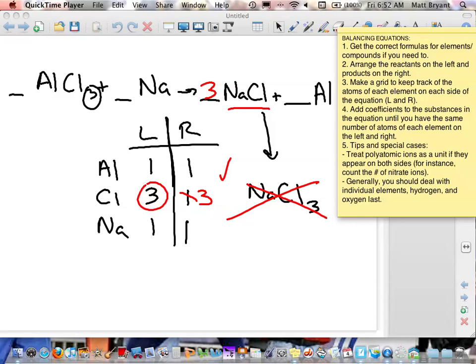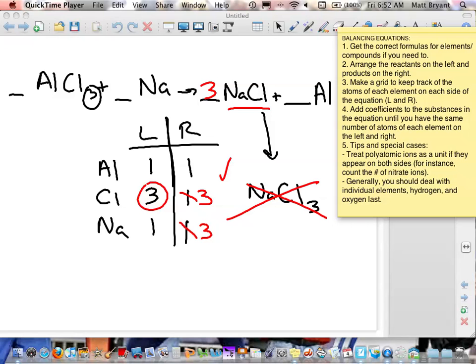Now, the other thing that you need to remember is that that also changes anything else that's in that compound. So in this case, we also need to change sodium, even if that causes an imbalance, because we can't fake the fact that this coefficient counts for everything in that compound. So whatever is in this compound, we'd have to multiply by 3.